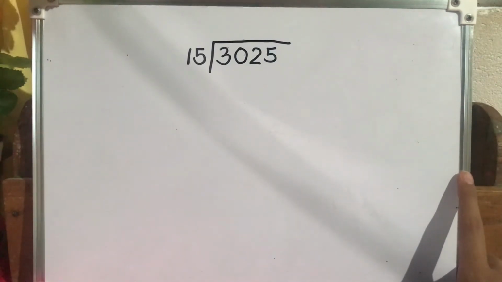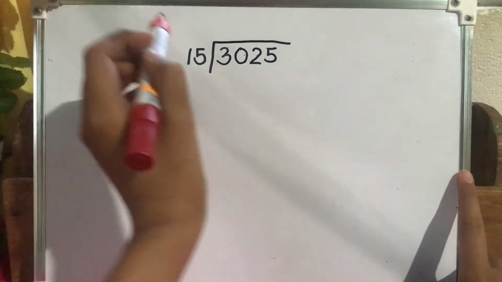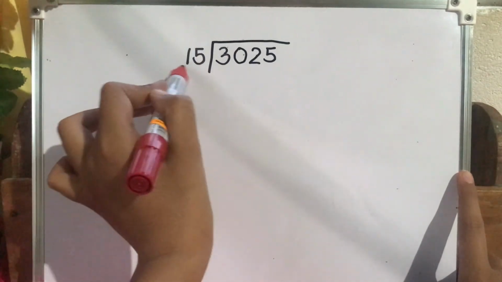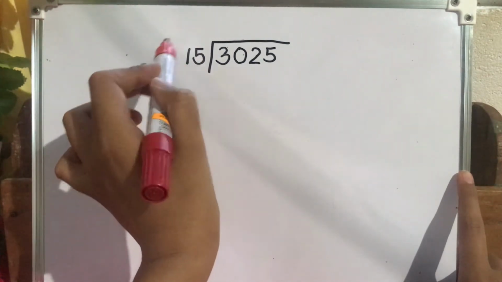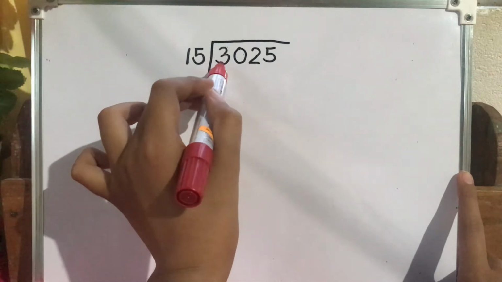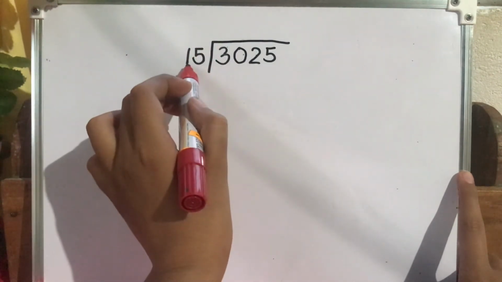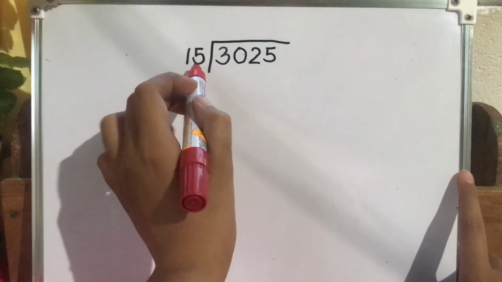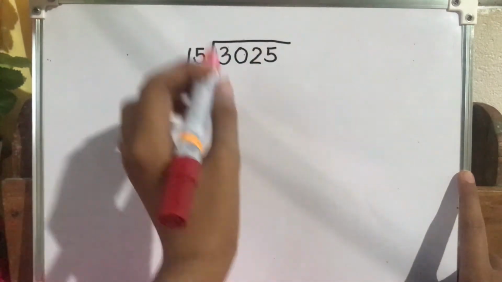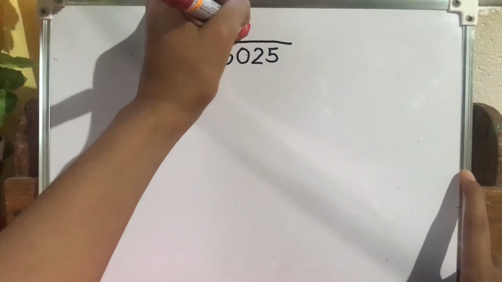So this is our last example. Let's have 3025 divided by 15. So since the divisor already has 2 digits, automatically we will also use 2 digits in the dividend. So the 2 digits are 30. So we'll have 30 divided by 15 equals 2. Okay, 2.